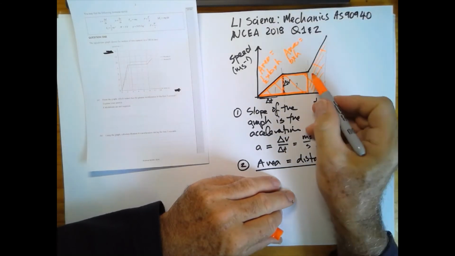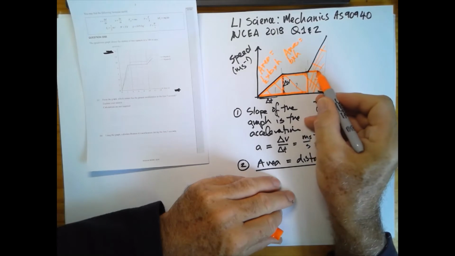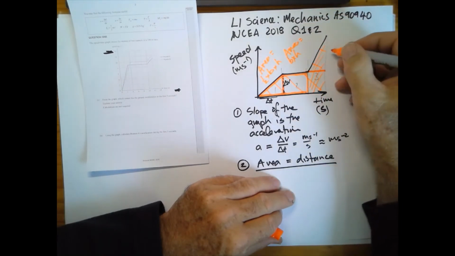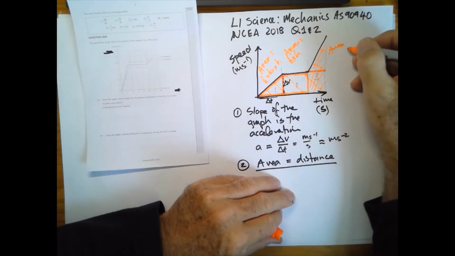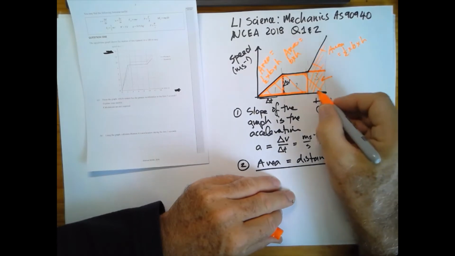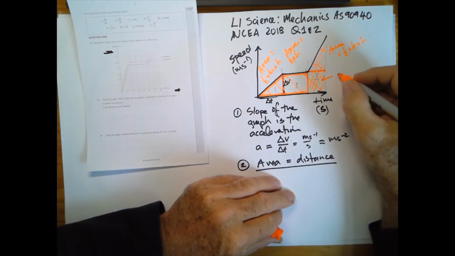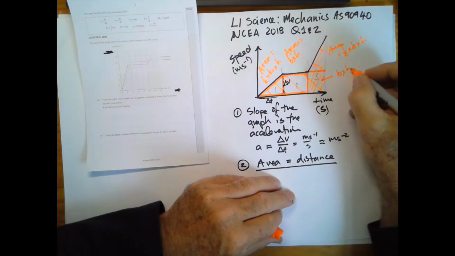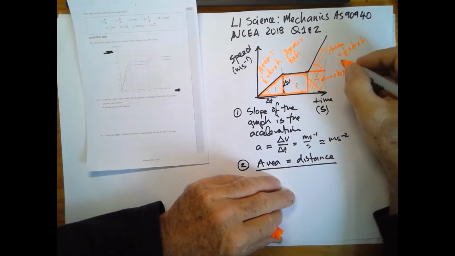Usually we do it by dividing it into two shapes. A triangle here, whose area is again 1/2 times the base times the height, plus this rectangular area, whose area is equal to the base times the height, and we add these two together.